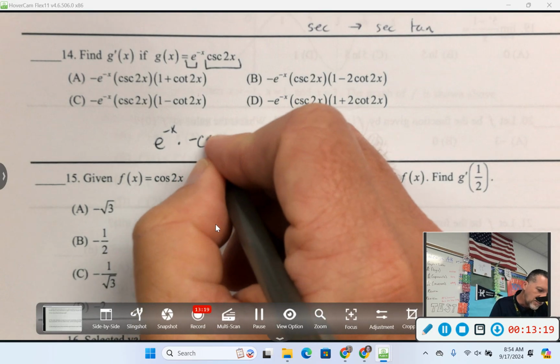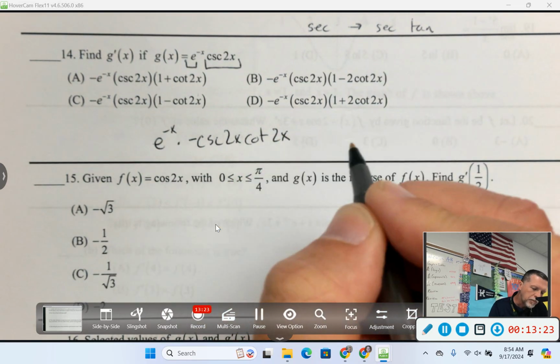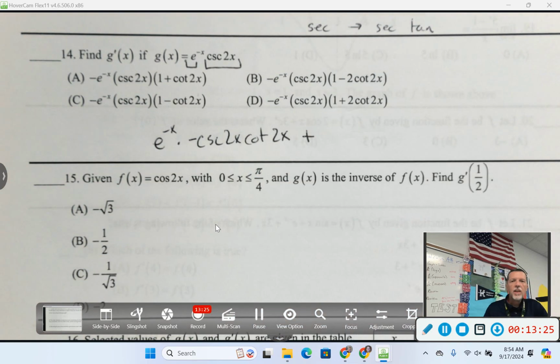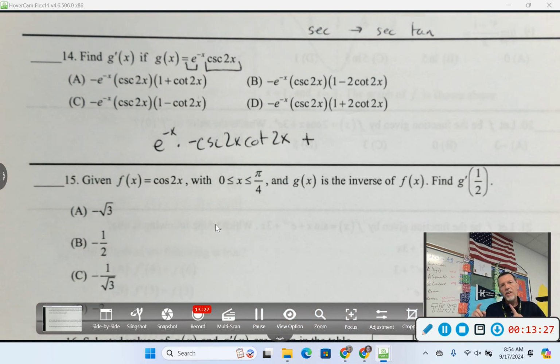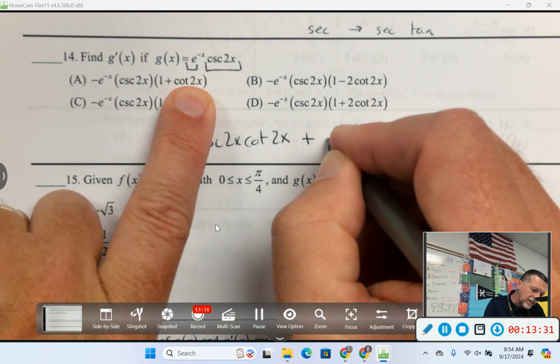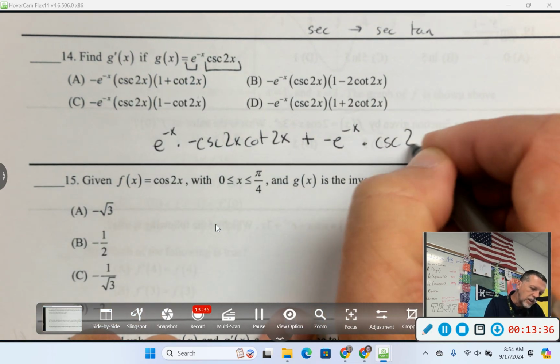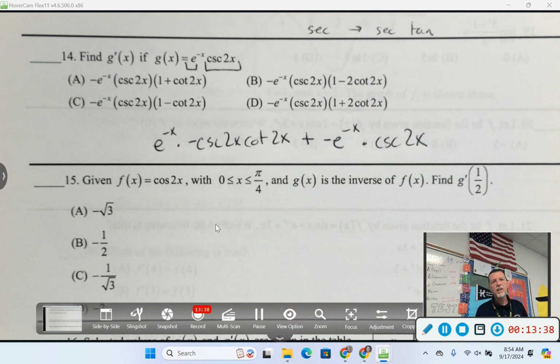So negative cosecant of 2x, cotangent of 2x. And then the other way around. So the derivative of e to the negative x is e to the negative x times negative. And then we just leave cosecant of 2x alone. And of course that doesn't look like any of my answers.